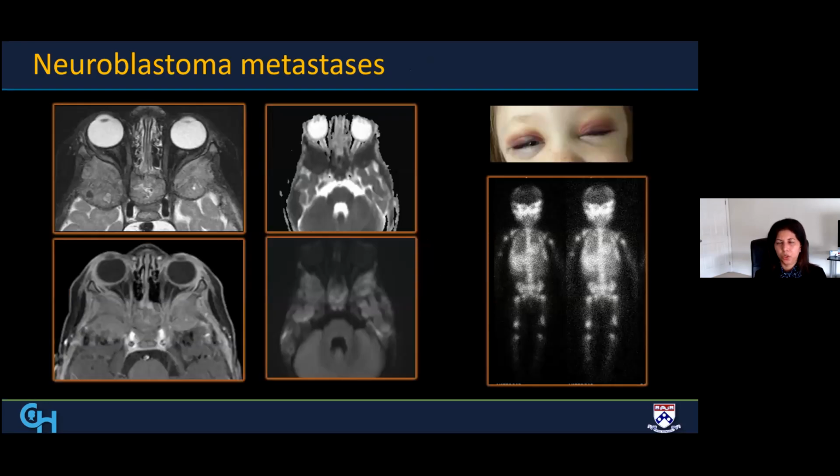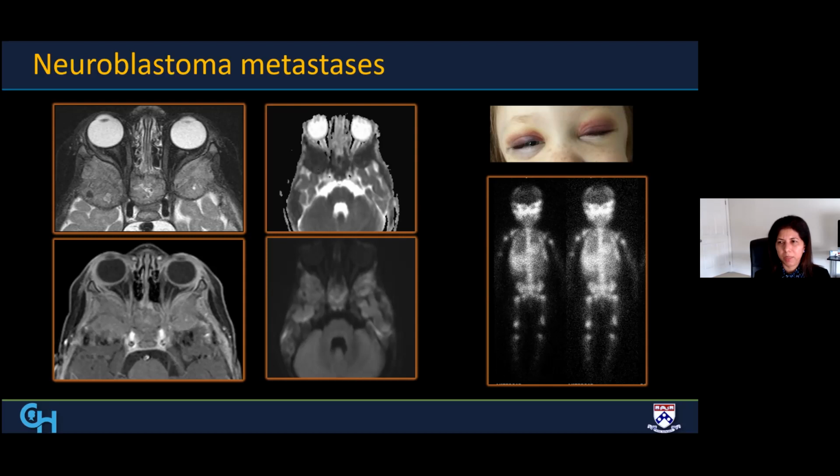Usually the kid may present with signs of what you call raccoon eyes, with ecchymosis around the periorbital regions. And these are images from MR showing these bulky neuroblastoma metastases, which show diffusion restriction.